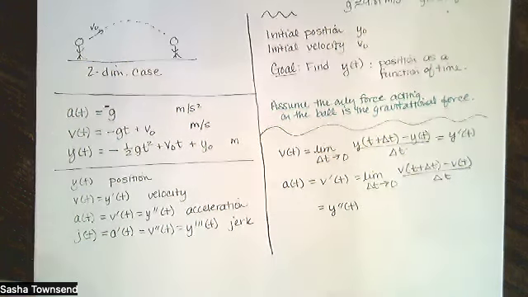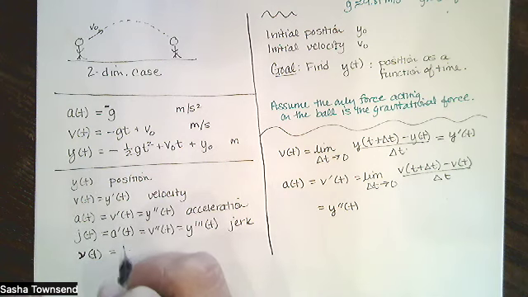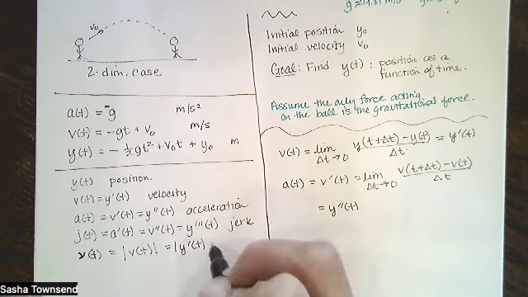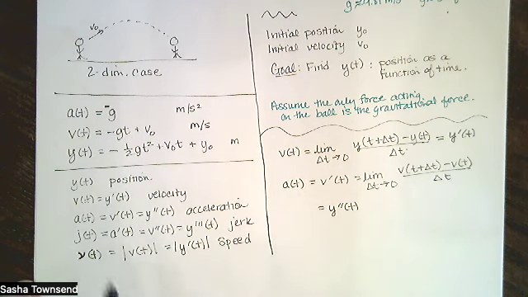One other function that's common in projectile motion problems is the speed function. And usually this is represented by a Greek letter nu, which kind of looks like a V. It's just the absolute value of velocity or the absolute value of y prime. Speed is always non-negative. Velocity can be positive or negative.